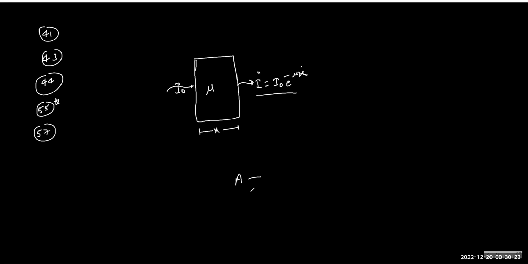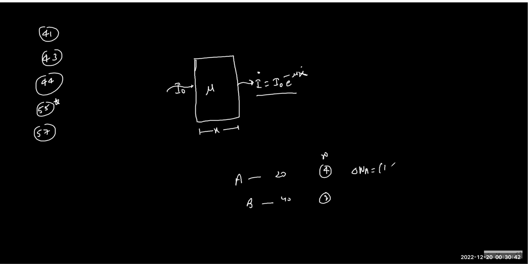So A, B, 20, 40, 80 means how many T half? 4 T half? 2 T half? Yes. That's it, no? So the number of nuclei decayed will be how much?